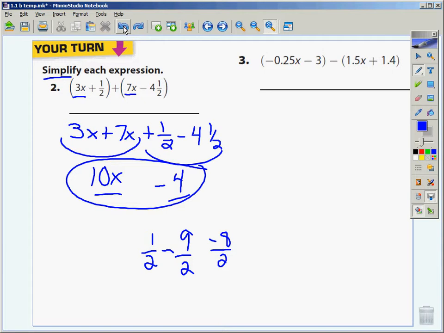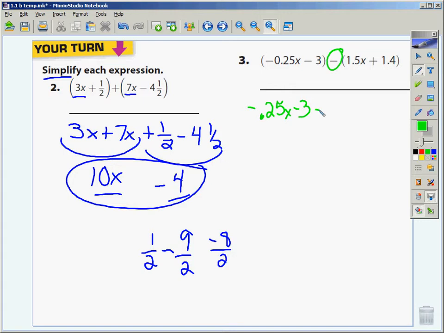Even when you're doing a problem like this, we do have to be a little bit careful when I see a negative out in front of the parentheses. That really says a negative 1 times everything that's on the inside. This stays the same. But if I take a negative 1 times 1.5, what would it give me?